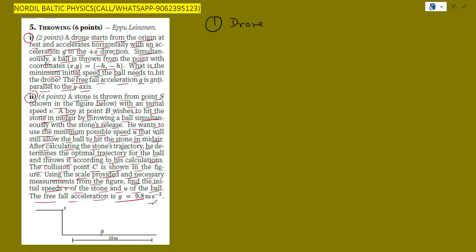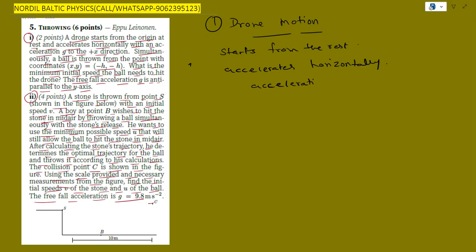The drone starts from rest and then accelerates horizontally, and the acceleration is g along the plus x direction.